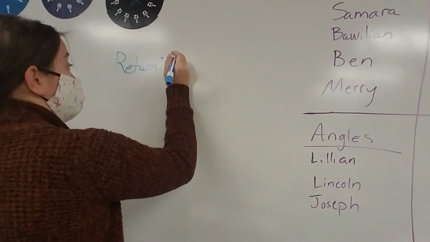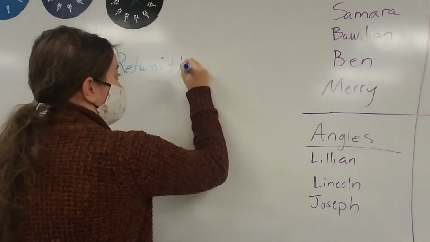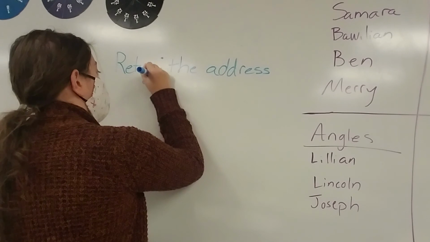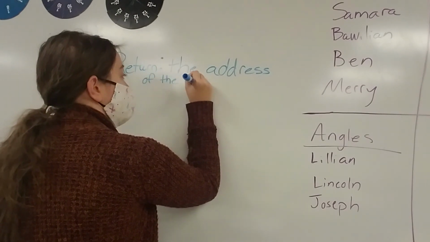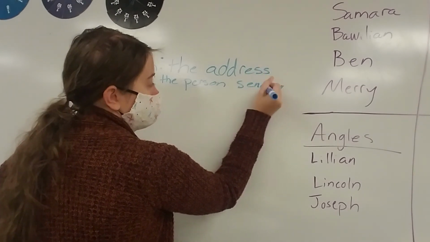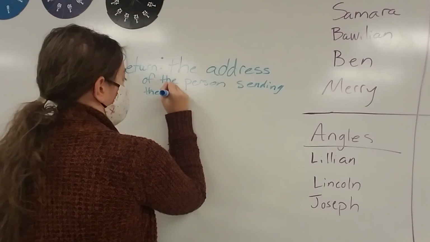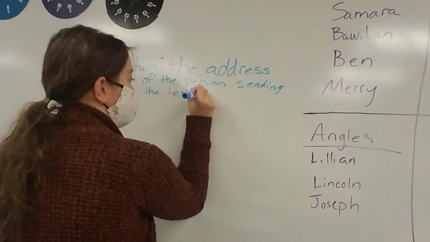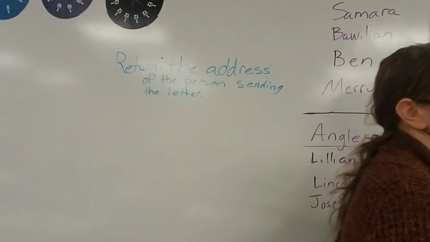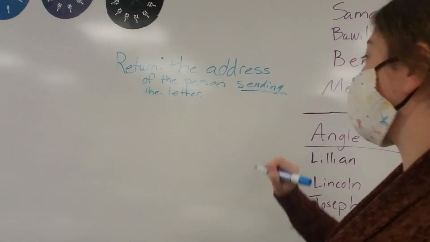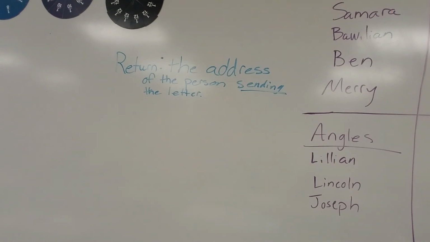So the return address is the address of the person sending it. It might not always be a letter, but here we're going to say the letter, okay, because that's what we're talking about. So it is the address of the person sending the letter, and I want you to underline the word sending. The address of the person sending the letter.